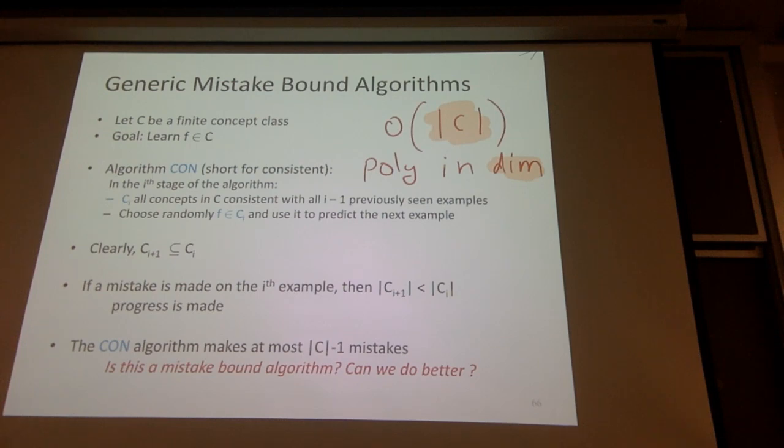I'm going to now stop, but I just want to give you a hint about a review of coming attractions if you want. I'm going to show you that for any Boolean concept class, we can do better using a different algorithm called halving. Halving is definitely better than this.